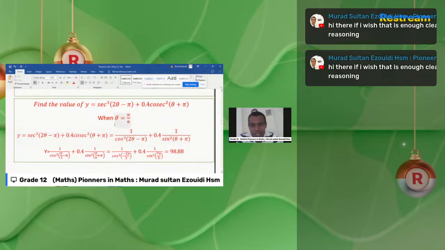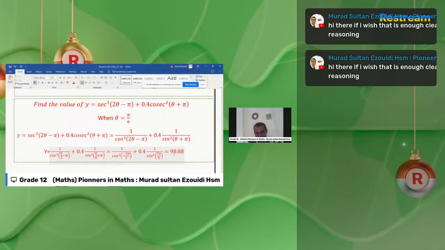If you calculate this, you will see the value is 98.88. You should get this mark in your final math exam. It's not easy, it's not difficult, but train and prepare yourself from now so that you'll be familiar with the final exam questions.